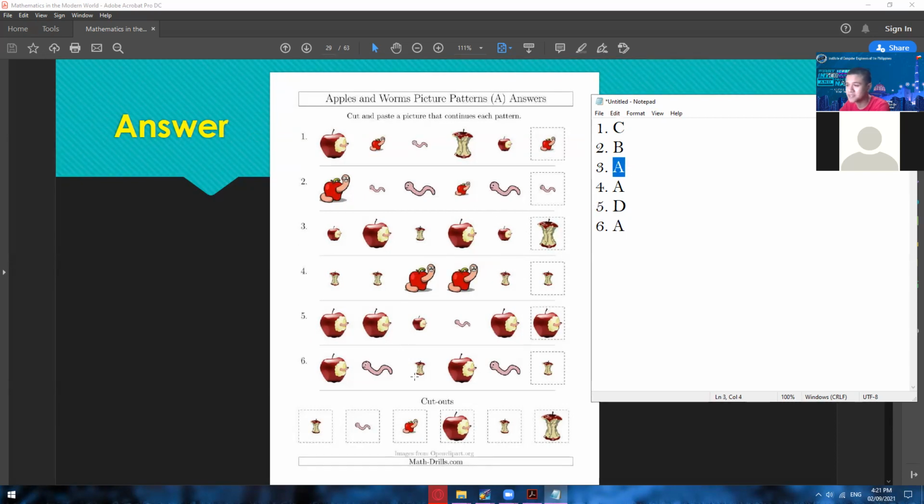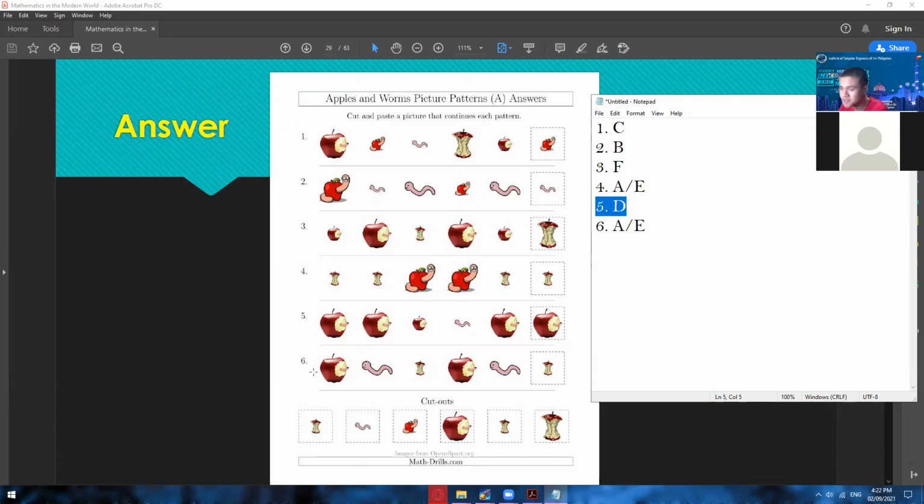Number 3 is F. Okay, and then number 4, it could be A or E. And then number 5 is letter D. It's correct. And then number 6 is again A or E. So I hope you guys were at least able to get half of the score. Let's say 4 out of 6, okay, or 5 out of 6.